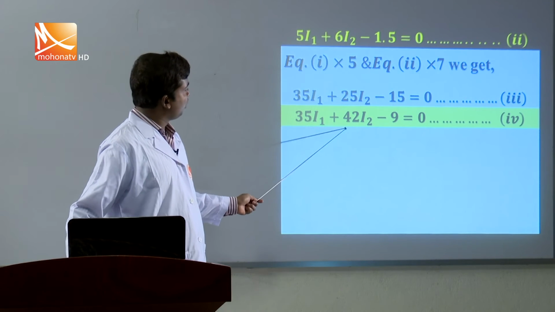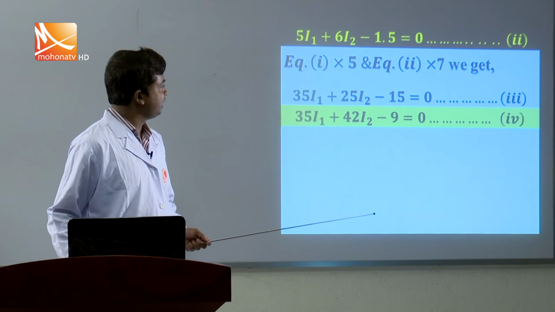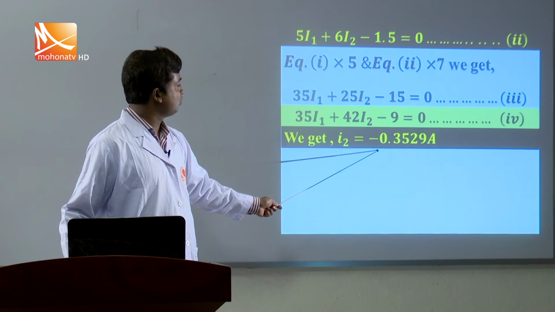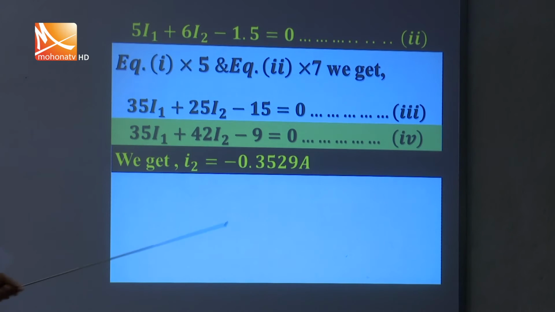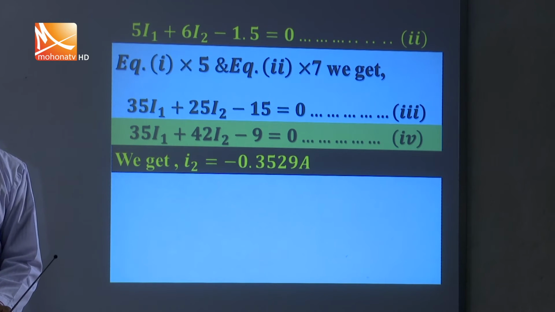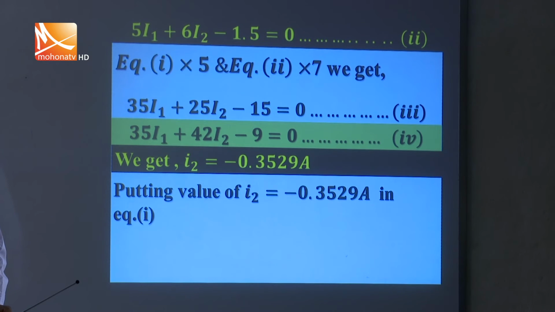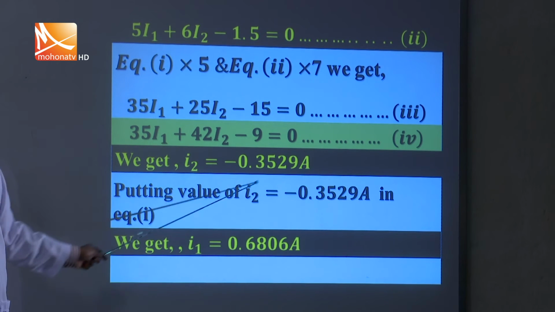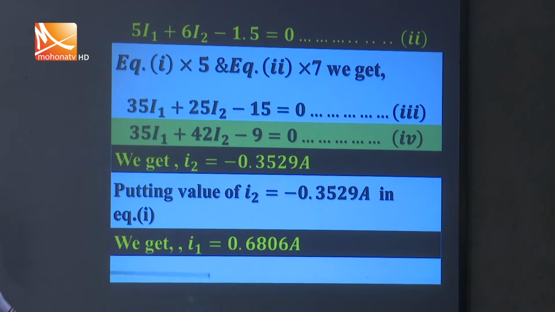Now, equation 4 subtracted from 3 or 3 subtracted from 4, you will get the value of I2. And by putting the value of I2 in any one of these equations 1, 2, 3, 4, you will easily get the value of I1. But in this case, I put this value of I2 in equation 1 and get I1 equals to 0.6806 ampere.